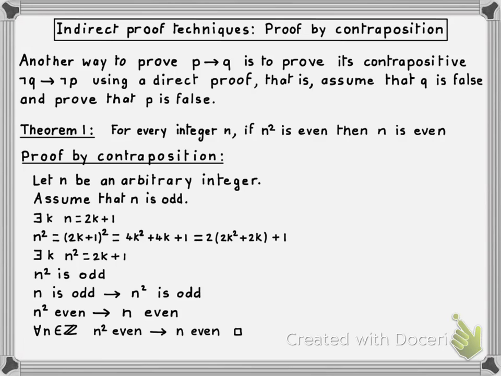Now, why did we come to the conclusion of trying this proof by contraposition? That's because we couldn't find a direct proof for P implies Q. So it's a general strategy that when you can't prove a conditional in a direct way, you might want to try to prove it in an indirect way using proof by contraposition.